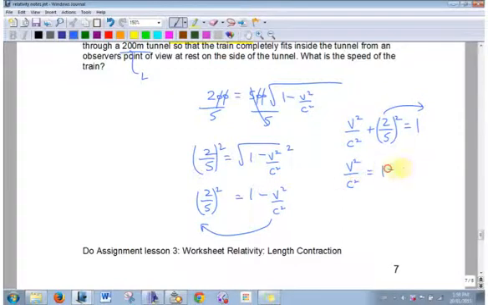So I got 1 minus 2 over 5 squared. Okay? So if v's in terms of c, though, what happens with these c's? They cancel out. So I can just not even worry about that if v's in terms of c, right? So I can kind of ignore that.